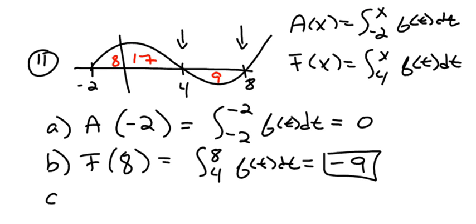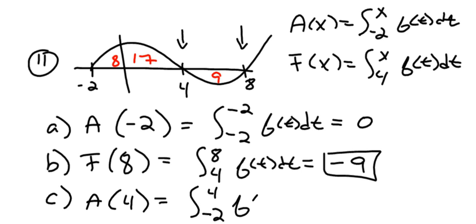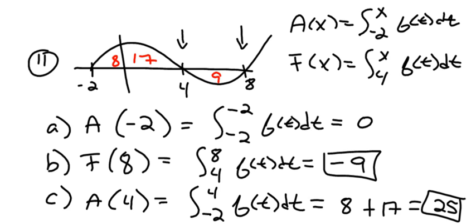I'm going to go ahead and do C, which is evaluating the function when x is 4. So I'm going to evaluate -2 to 4 for the integral. And then I can see from -2 to 4, I have areas of 8 plus 17, and our answer should be an area of 25.